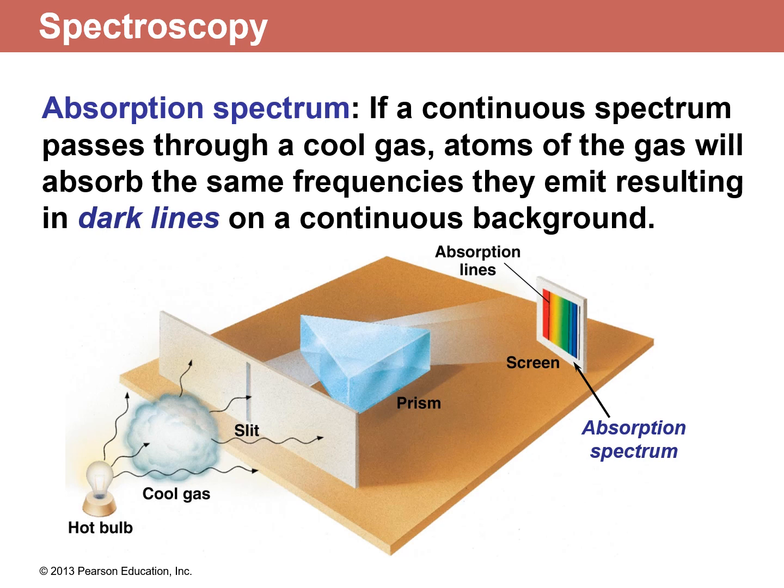So the light is just going to pass through the gas and then go through the prism. So here we have that continuous spectrum from the hot bulb passing through the gas, and what do we get? What we get is this absorption spectrum.